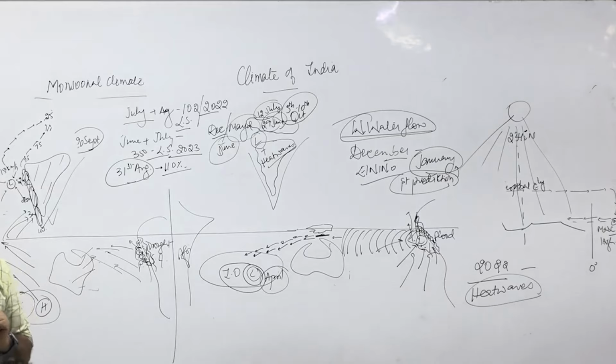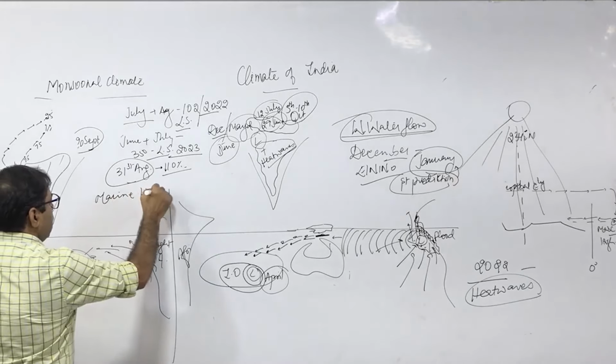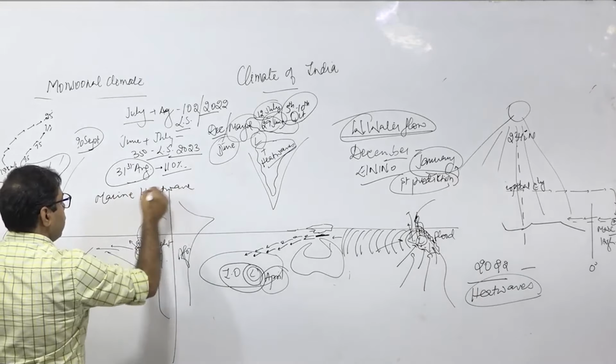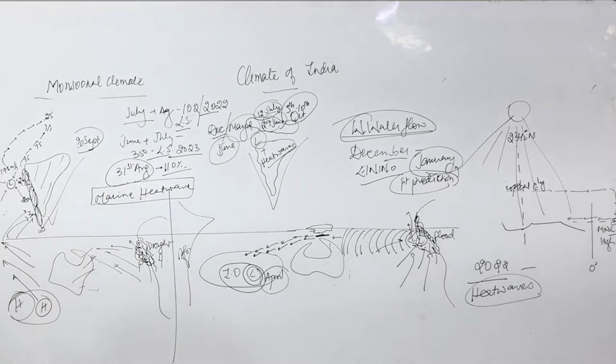This is called a marine heat wave. Marine heat wave, the excessive rise of temperature of the ocean, is changing the pattern of the monsoon system. Okay, clear हो गया?